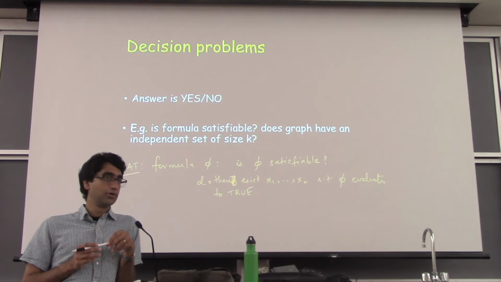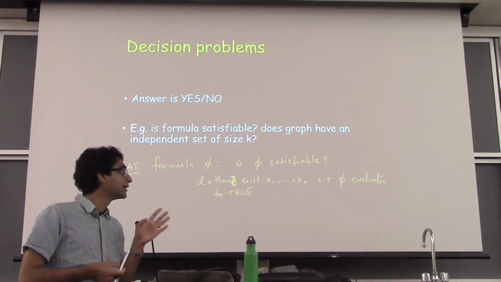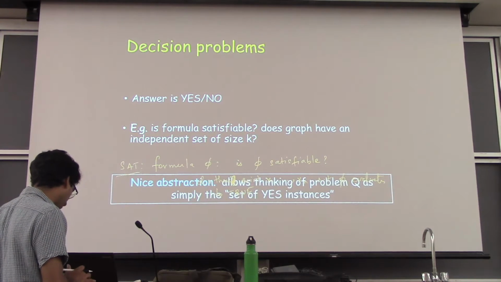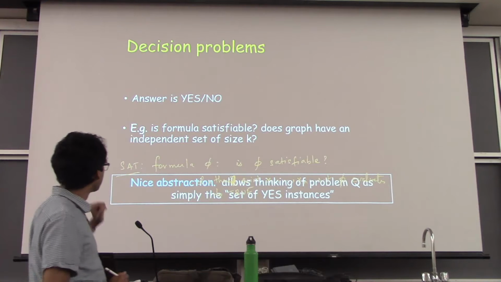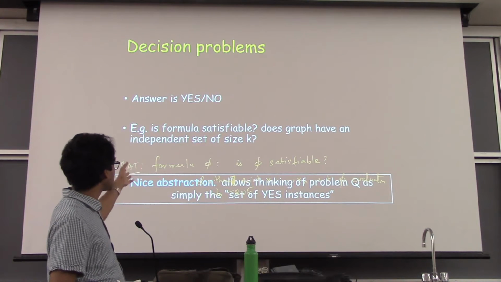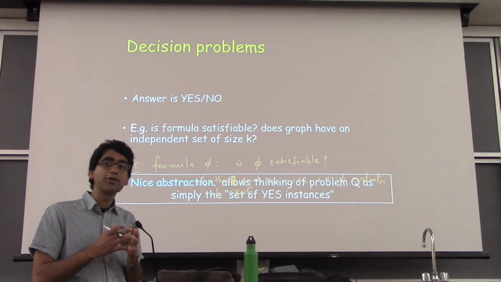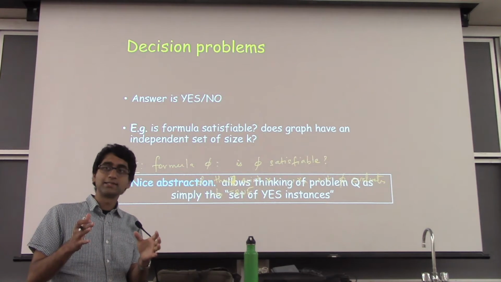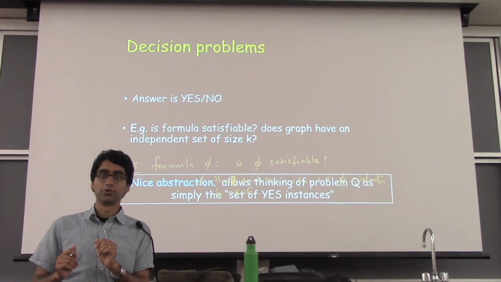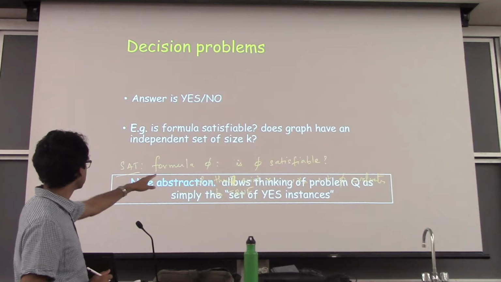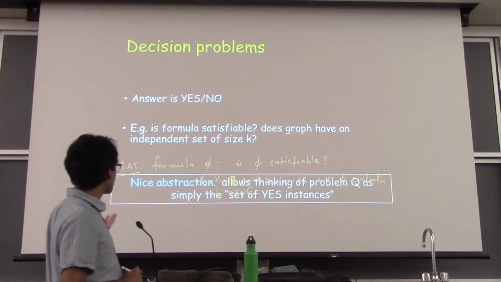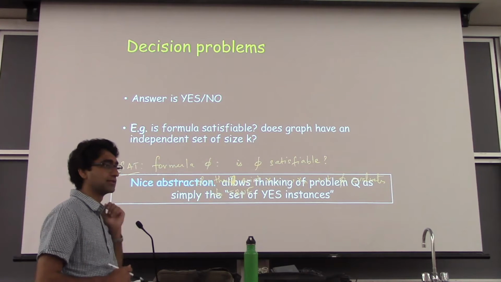Usually in complexity theory we are interested in decision problems. The reason is that it makes life a little bit simpler. If all the problems are just decision problems, then you can think of a problem as just being the set of all instances for which the answer is yes. This way of doing it allows you to think of any problem as simply the set of yes instances.